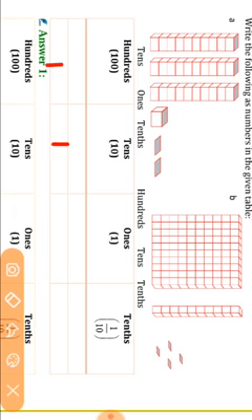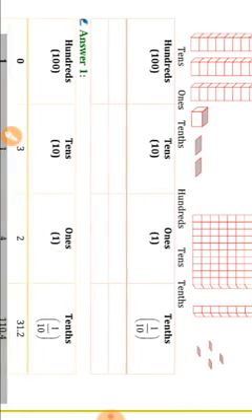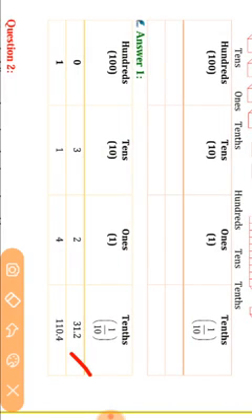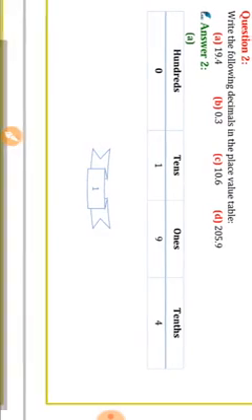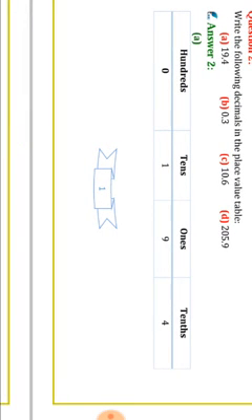These are the ones. It is 4. Like that. Okay, the number we can write as 110 plus 4.4.